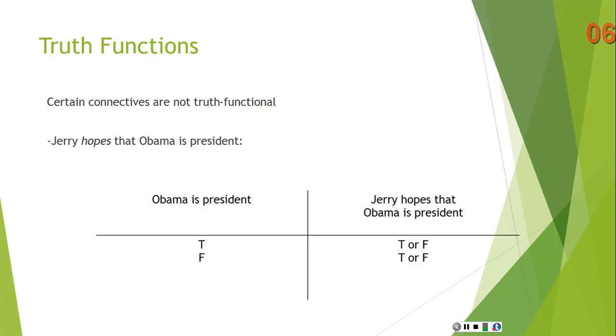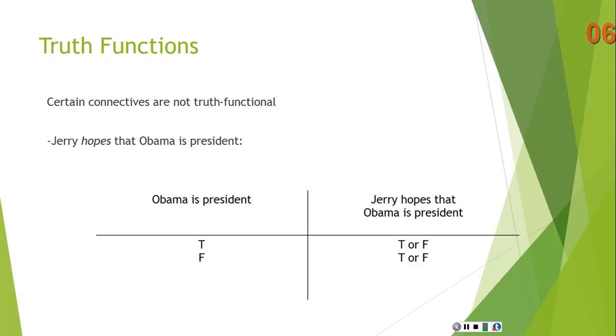The same goes for hopes. Jerry hopes that Obama is president. Simply by knowing the truth value of the statement Obama is president, you cannot determine the truth value of the entire statement Jerry hopes that Obama is president. Because, look, even if Obama is president, Jerry might hope that he is or hope that he isn't.